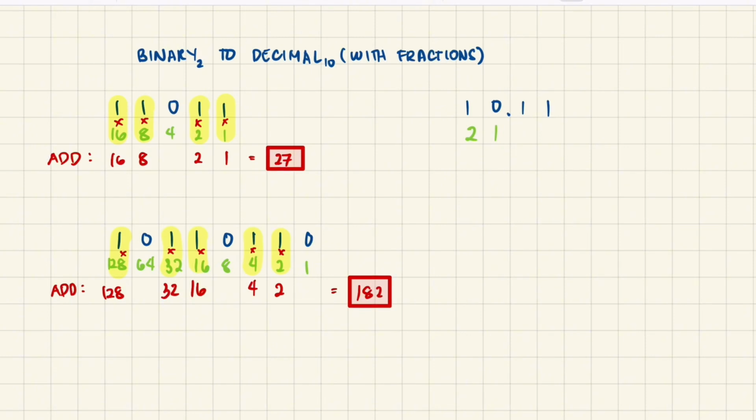So after the decimal point, actually the base numbers for this one is 2 to the negative 1 power and 2 to the negative 2nd power, and so on. And if you input these values into the calculator, it will give you 1/2 and then 1/4.